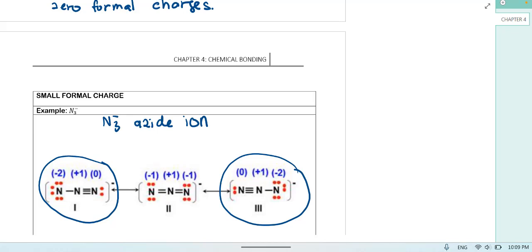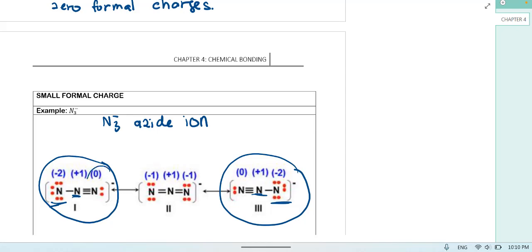However, if you look closely, structure 1 and structure 3 are actually similar in terms of distribution of formal charges. Why? For structure number 1, N has negative 2. Same goes for structure number 3. N has negative 2. And in the middle, the N is positive 1. Here, N is also positive 1.